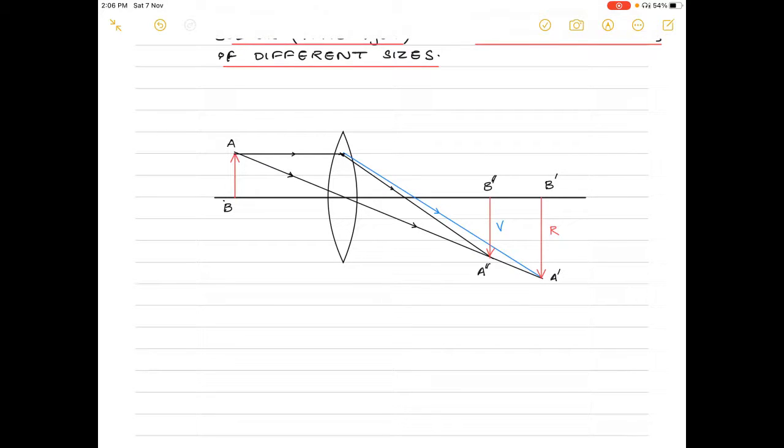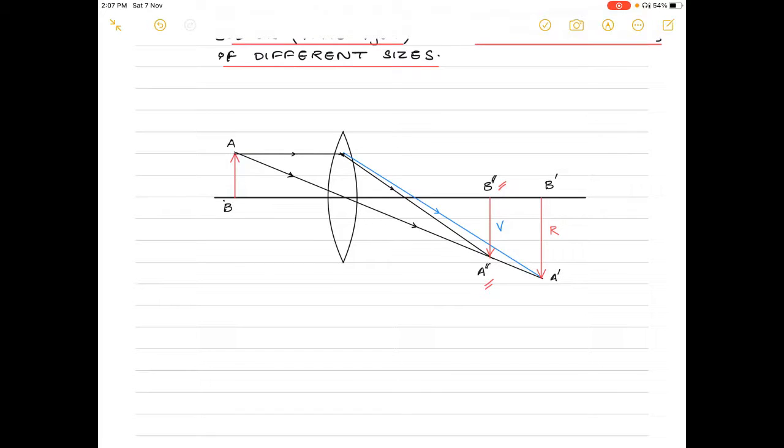Due to the difference in the velocities of the different lights, that is the red light and the violet light, two different images are formed at two different positions. A prime B prime is the image of the object formed due to refraction of the red light, and A double prime B double prime is the image formed due to refraction of the violet light.